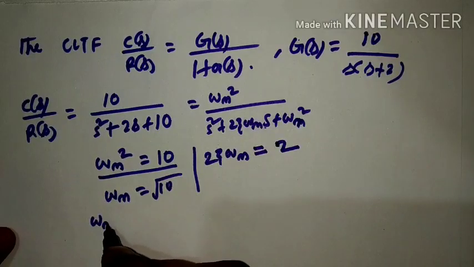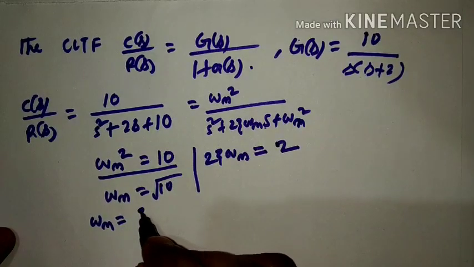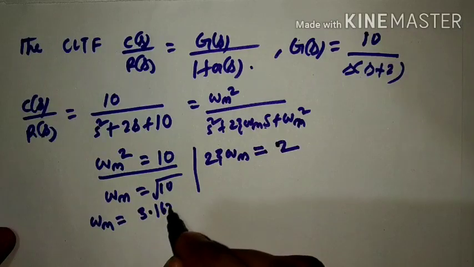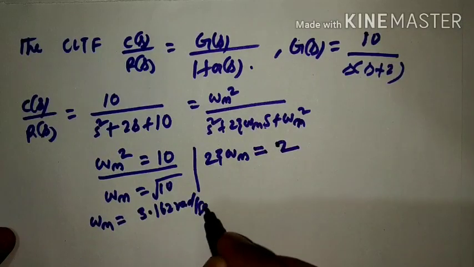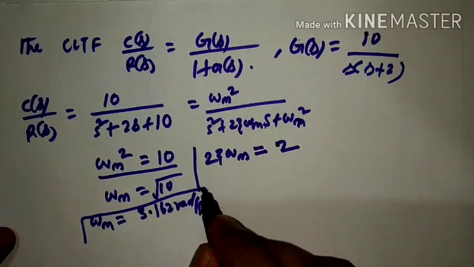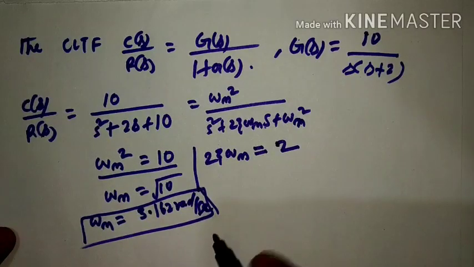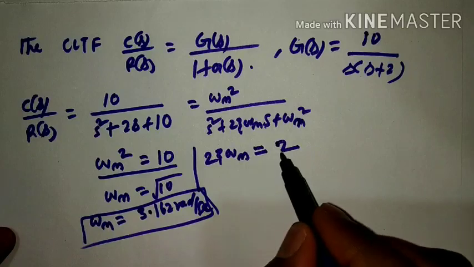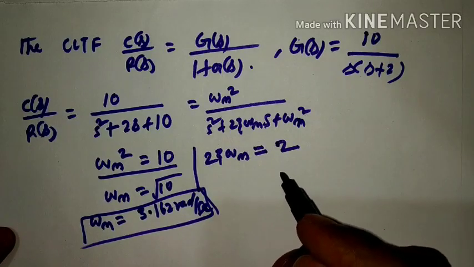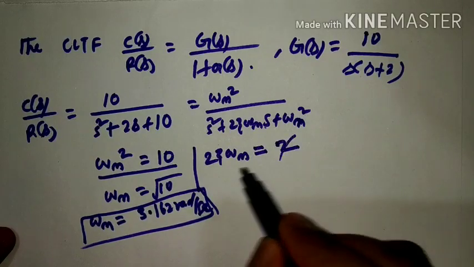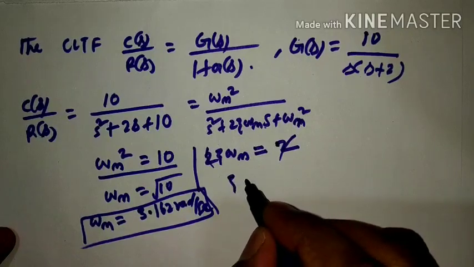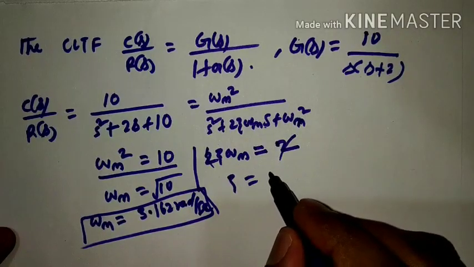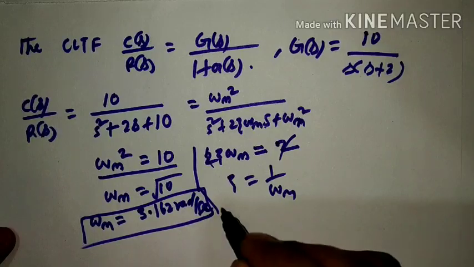It means omega n is equal to 3.162 radians per second. So this is the omega n value. From this equation, 2 zeta omega n is equal to 2. Then 2 gets cancelled, so zeta is equal to 1 by omega n.